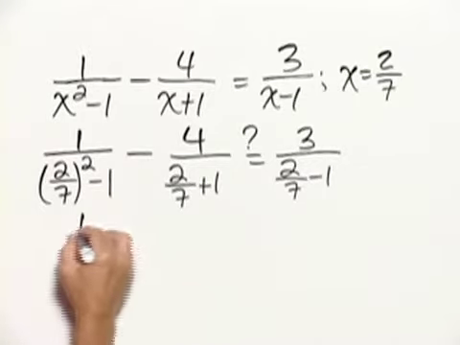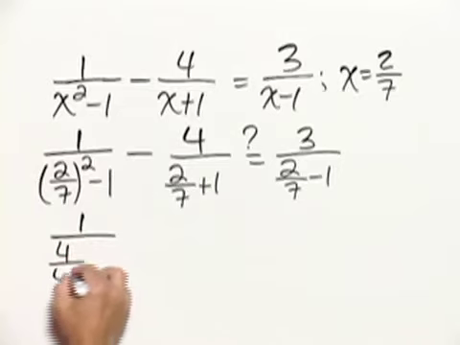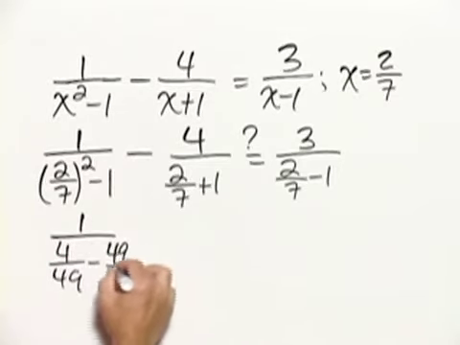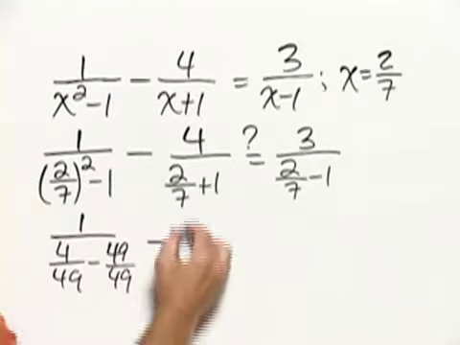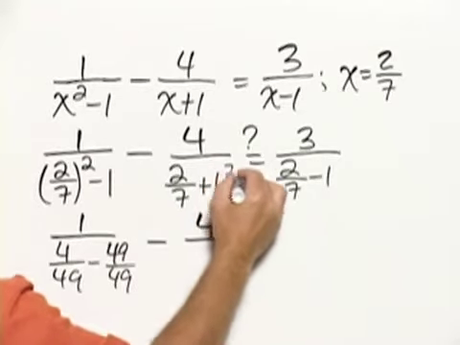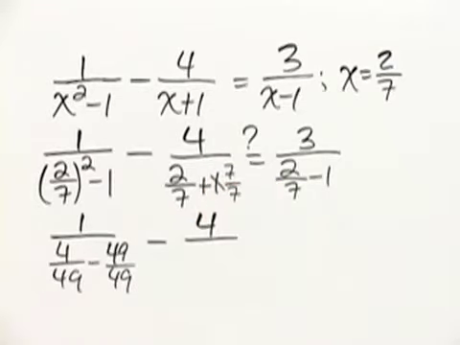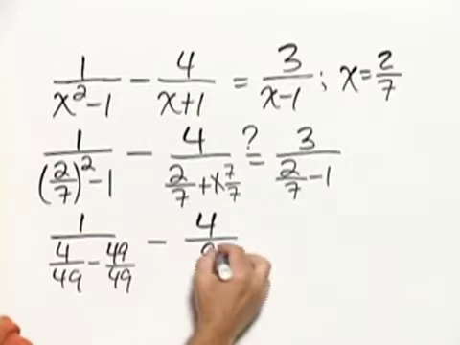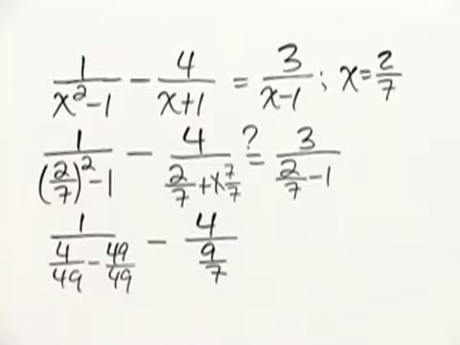This one becomes 1 over 4/49 minus 1, but that would be 49/49. Then minus 4 over, well, this would become 7 over 7 in order to be able to add that. 2 plus 7 is 9/7. Then does that equal?